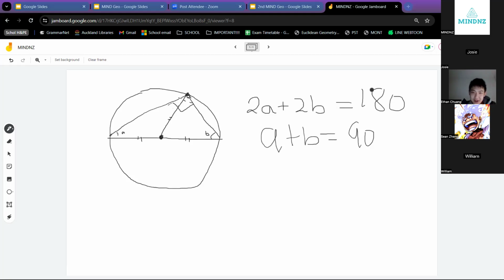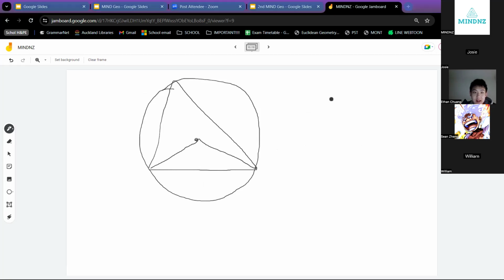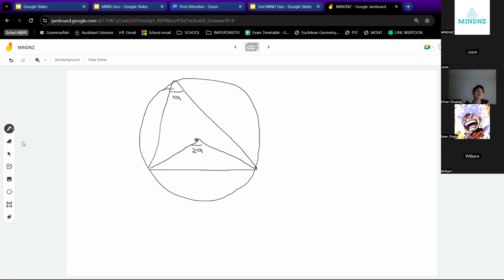Yep. For the next one, for the circle subtended by this, we have a random point on the circle here, and we have the angle at the center here. We want to show that this angle here is exactly half of this angle. So how are we going to do this one?